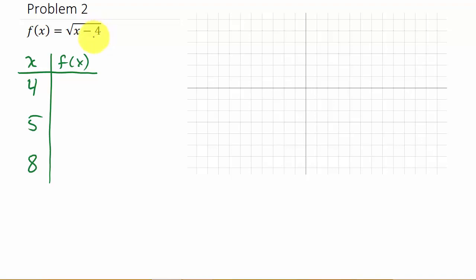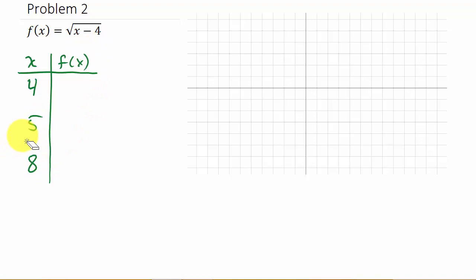Now just think if I would have chosen, let's just say, 6. Well, 6 minus 4 is 2. Well, what's the square root of 2? It's a decimal. So that's why I chose 4, 5, and 8 to avoid getting decimals.